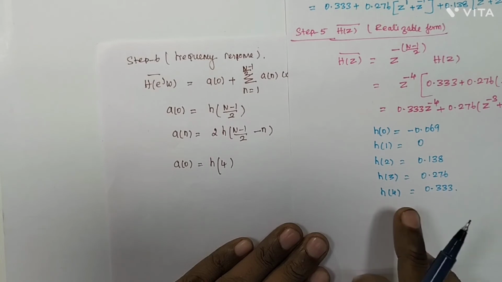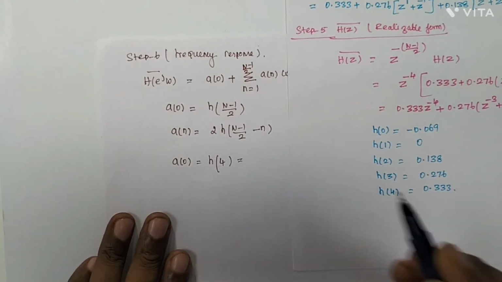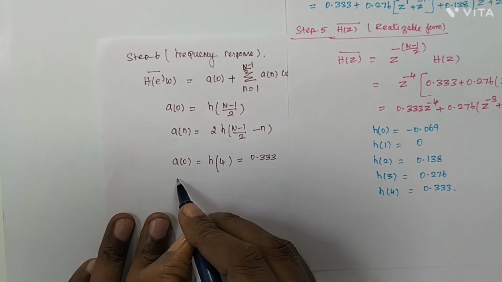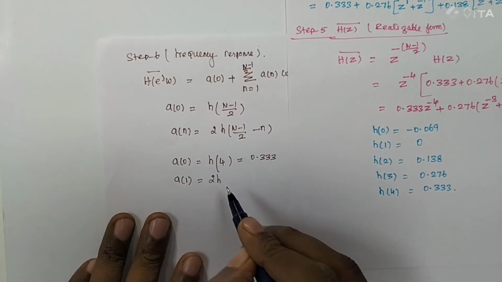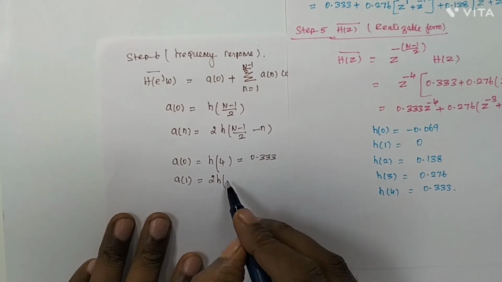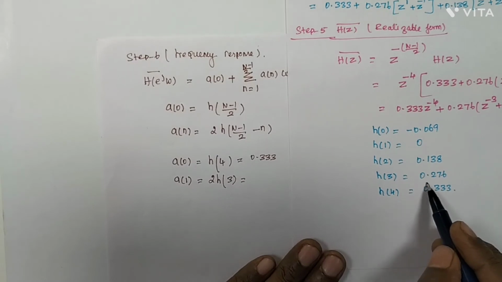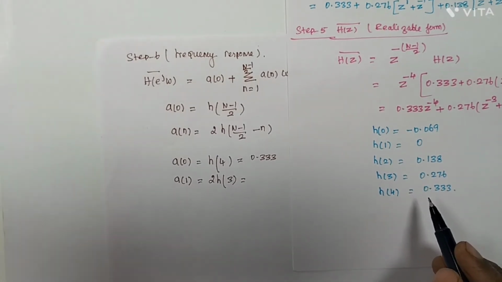That is a of 0 is equal to h of 4, which is equal to 0.333. A of 1 is equal to 2 into h of n minus 1 by 2 minus 1, that is h of 3. 2 into h of 3, that is 2 into 0.276.